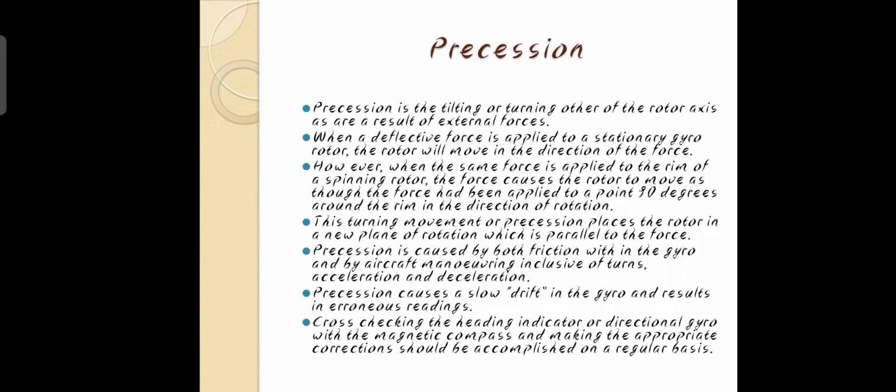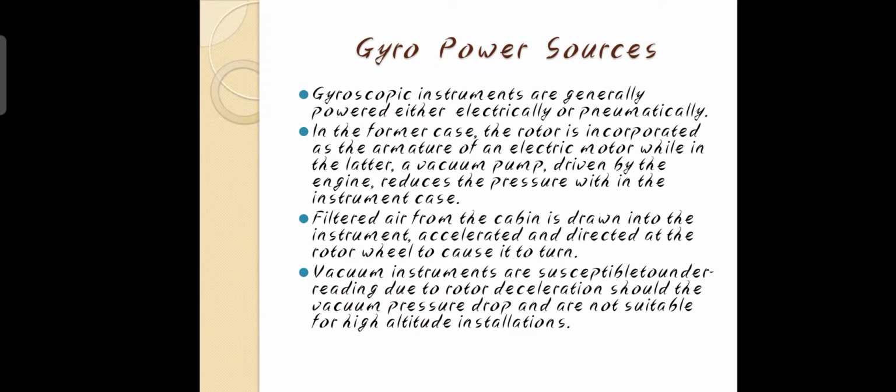This turning moment, or precession, places the rotor in a new plane of rotation which is parallel to the force. Precession is caused by both friction in the gyro and by aircraft maneuvering, inclusive of turns, acceleration and deceleration. Precession causes a slow drift in the gyro and results in errors in readings. Cross-checking the heading indicator or directional gyro with the magnetic compass and making the appropriate corrections should be accomplished on a regular basis.